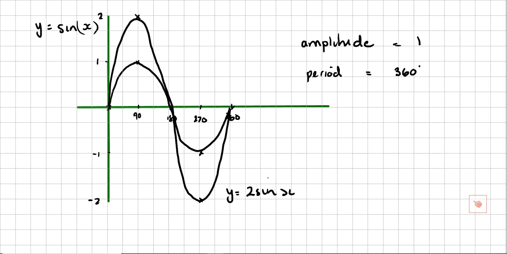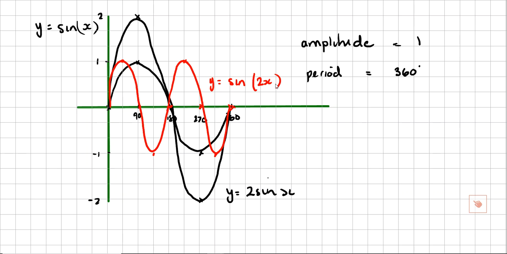Okay. If I changed the period, let's say it goes up and down in half as much time. So peak, down, so one wavelength happens in 180. So if I carried on going, that one would be y equals sine of 2x, yeah.